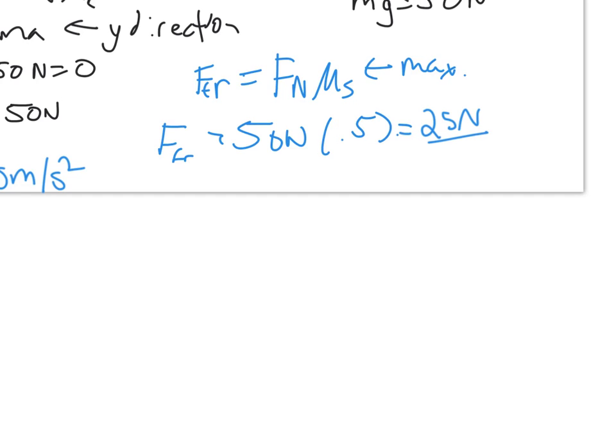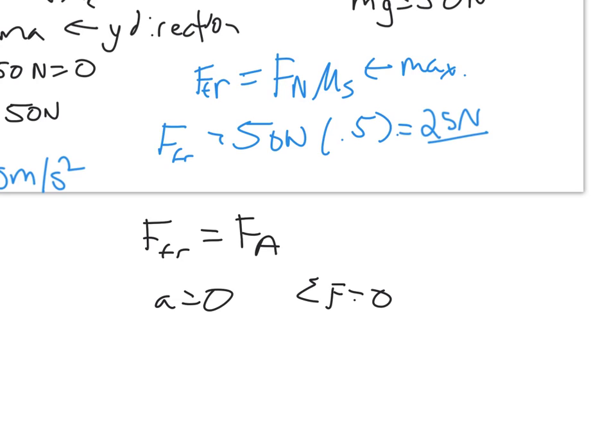Remember, static friction is sort of the lazy version of friction. As long as the applied force is less than my maximum, the force of friction is going to equal that applied force. Because my acceleration is going to be 0, my net force has to be 0.